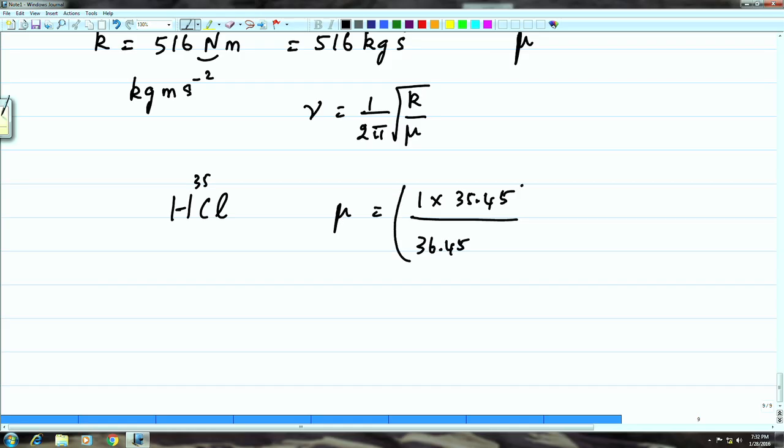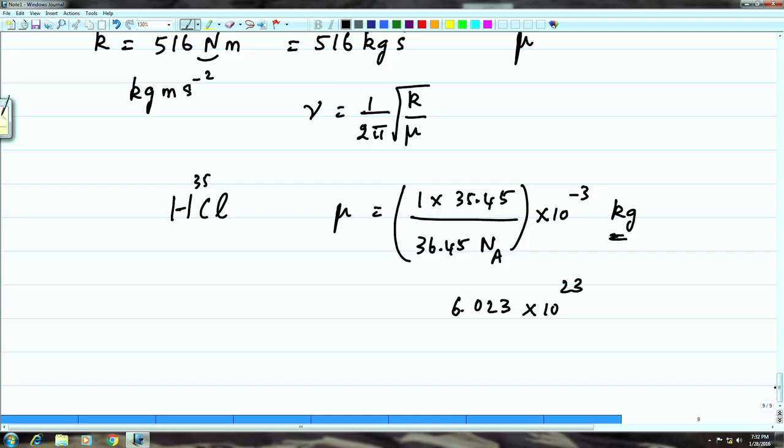Of course, the masses are to be divided by the Avogadro number in order to get the atomic mass. So, you divide this by Avogadro number, and this is in gram units. Therefore, you multiply by 10 raised to minus 3 to get kilograms, so that we use SI units, and Na is 6.023 into 10 raised to 23.